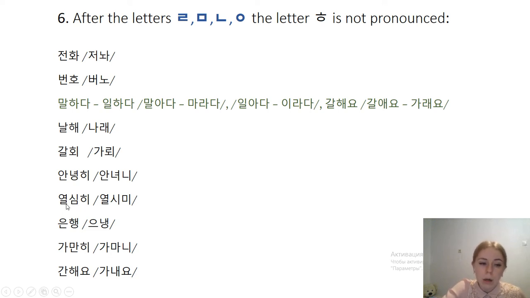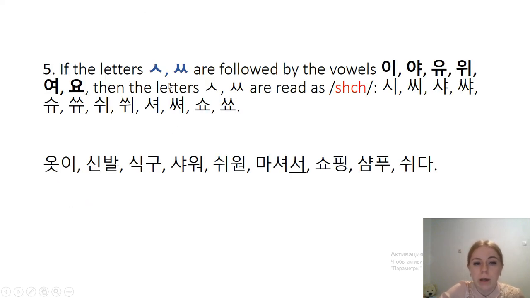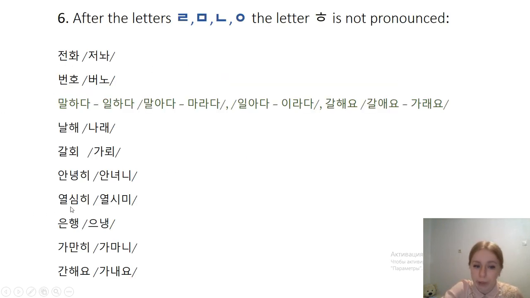열심히, 심. There are two rules. Sh sound is because we see s plus e, and we see it's not she, it's she, like here. So we read it like 열시, and then m is moving instead of h. 열심히. 은행 is the same situation with n.